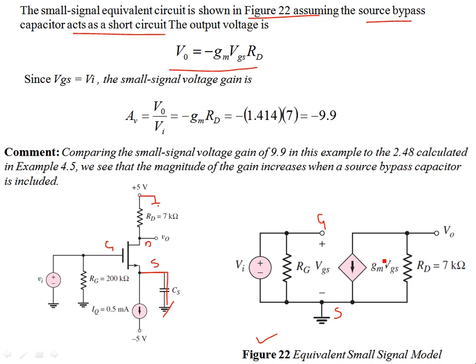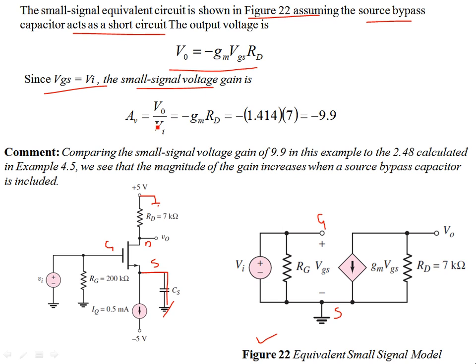Given the current direction, it's minus gm VGS RD, and since VGS is VI, there's no loading at the input of the gate terminal. So VGS is VI. We have the complete signal voltage available at the gate terminal.